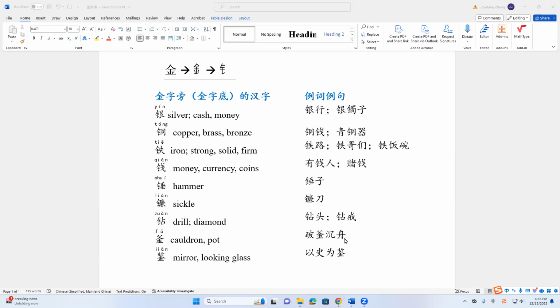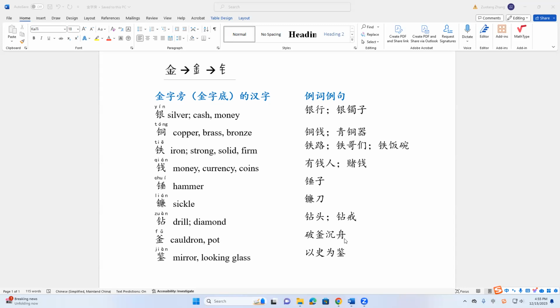This story comes from the end of the Qin Dynasty, right before it ended.